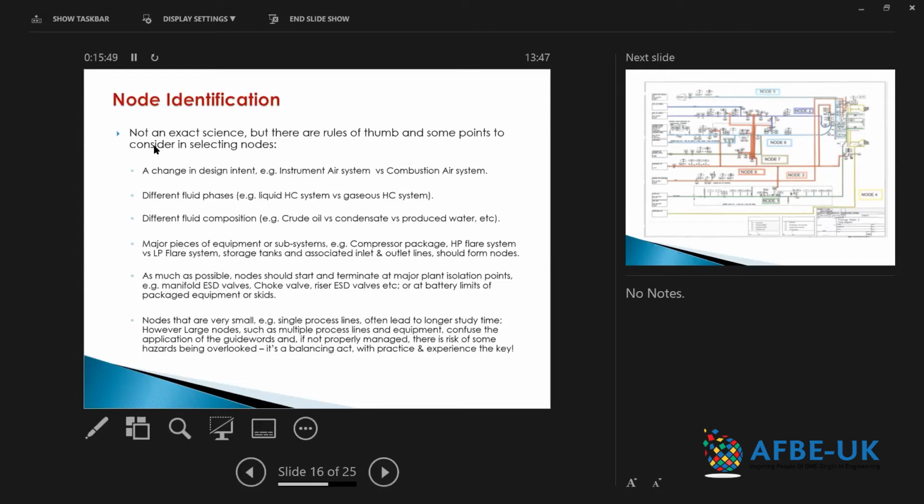It's a bit of a balancing act to decide whether to do that or not, because if you take very small sections, you might end up with a very, very lengthy HAZOP.